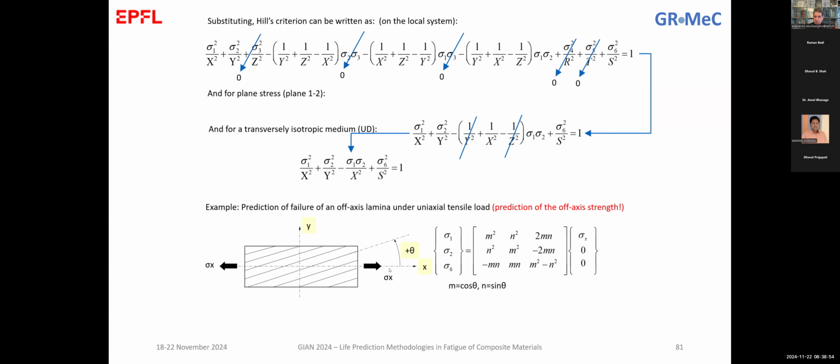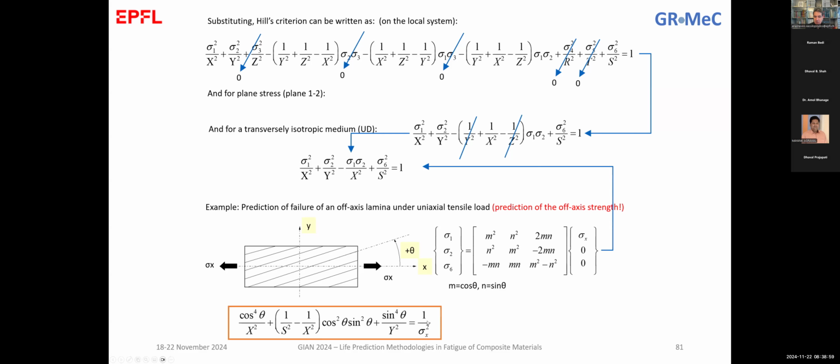So if we solve this equation for sigma x, we have this simple equation that gives the value of sigma x as a function of the material properties X, Y, and S, and the off-axis angle that we have in any case.